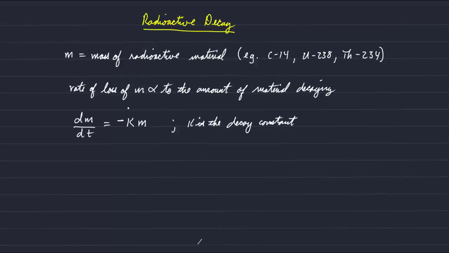And this differential equation is even simpler than the other examples we discussed in that it's also first order, but it's homogeneous, because there are no terms that are completely independent of mass or its derivatives.